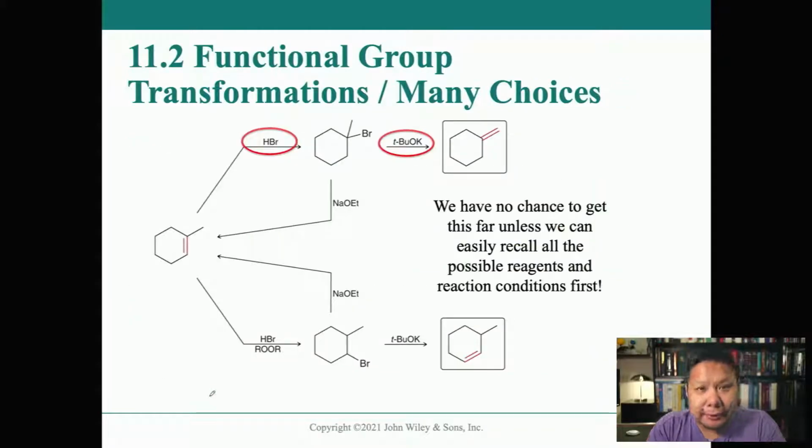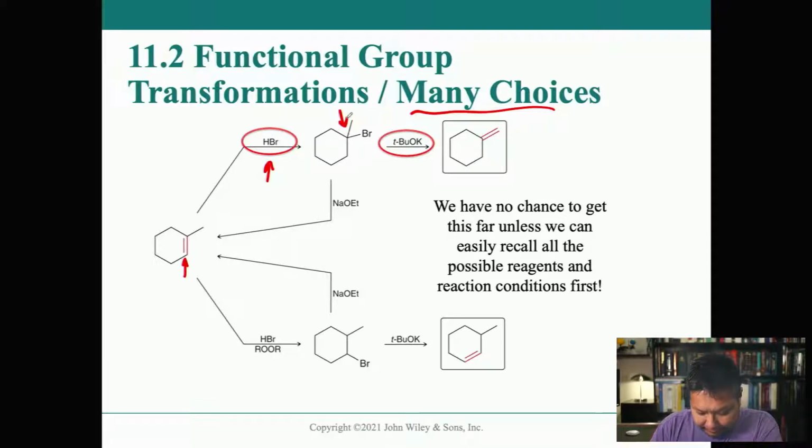Okay, so here we go. Many choices. Here we are with our alkene right here inside of the ring, inside the cyclohexane. And we can do HBr with hydrohalogenation to get us this product here, with the bromine added to the most substituted side.